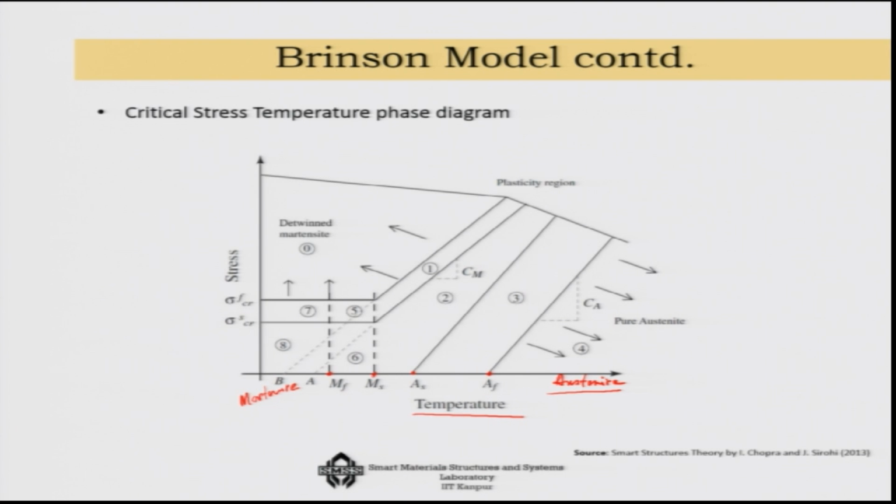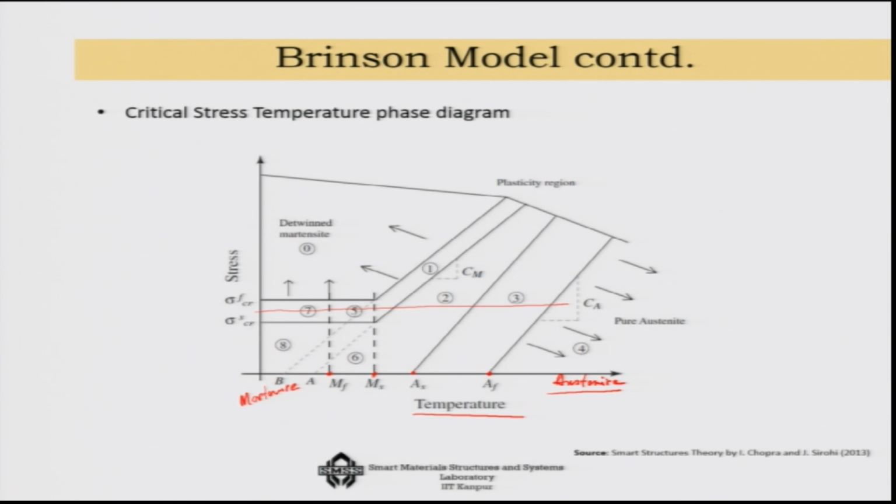Well, you can see that these curves will remain similar, but from this point onwards there is a different behavior that you will expect. For example, if I take any situation here, here we have a σs critical. That means the stress induced transformation has also started to take place.